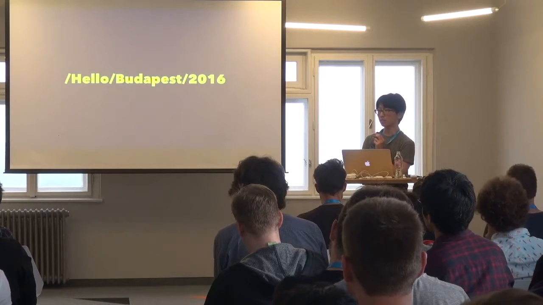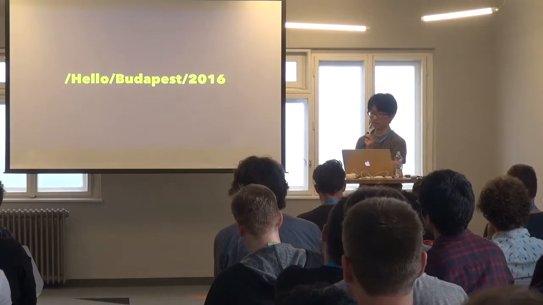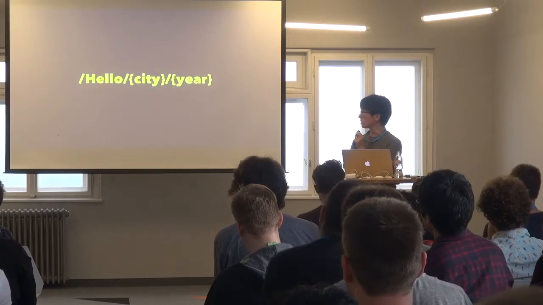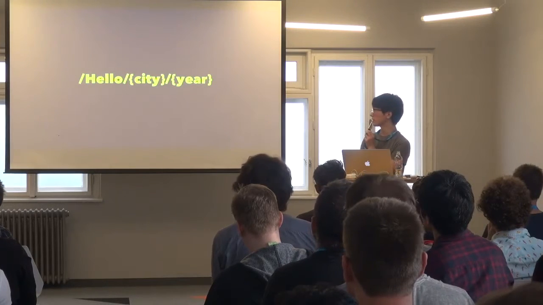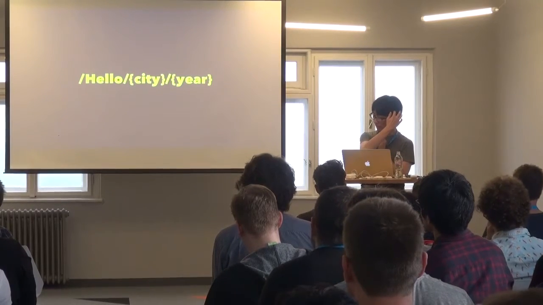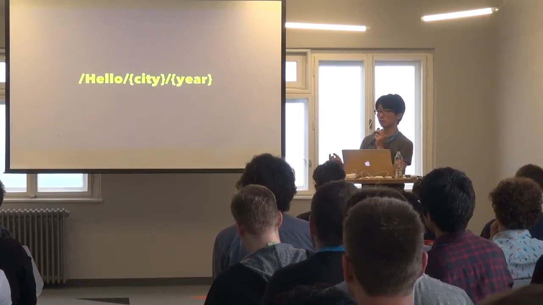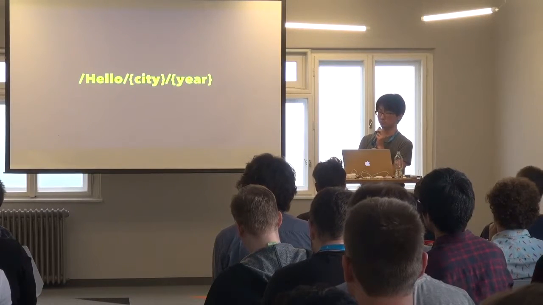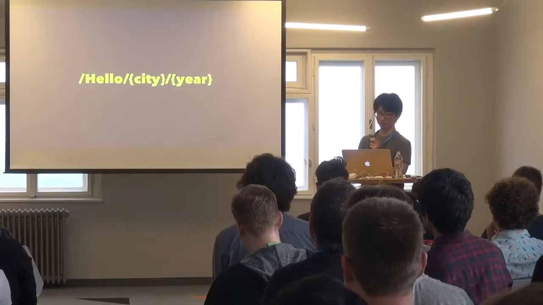Since the host name is just an entry point, we don't have to check it and can just concentrate on the path part. With URL routing, we can use pattern matching to extract the city and year, for example, in this URL example. By doing this, we can also match other URLs, such as hello-tokyo-2020 or something like that.